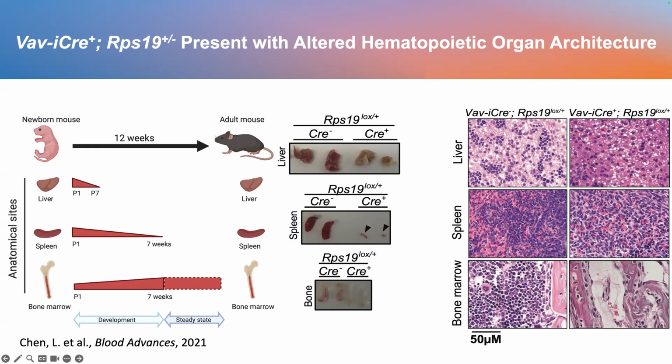And what you can observe here is the spleen, marrow, and liver. So really something totally unlike what had been observed before with other models of heterozygosity of RPS19.